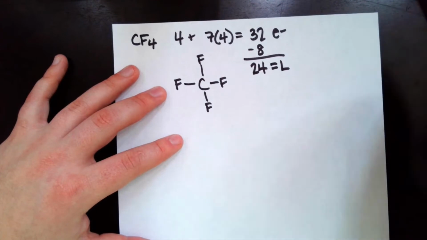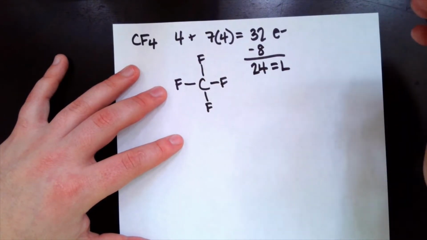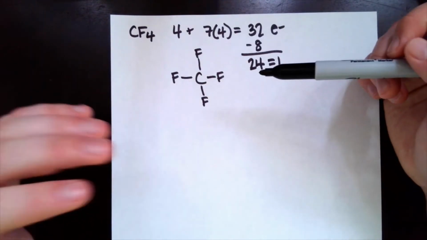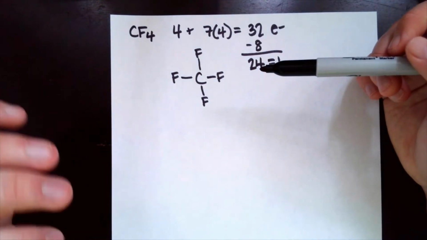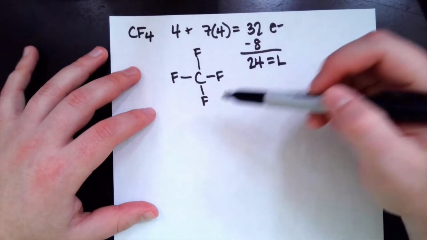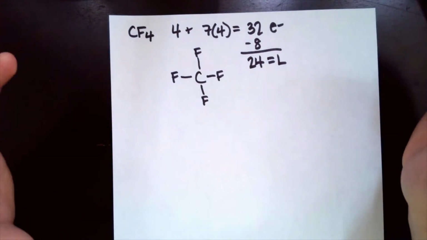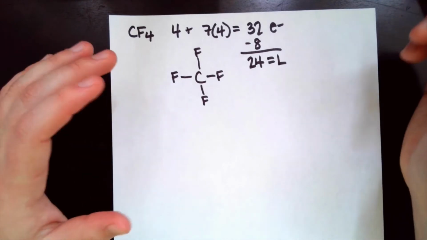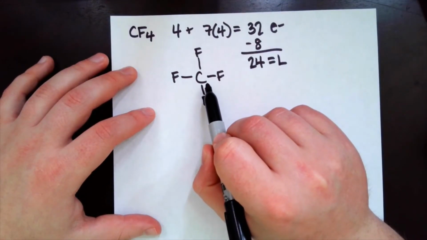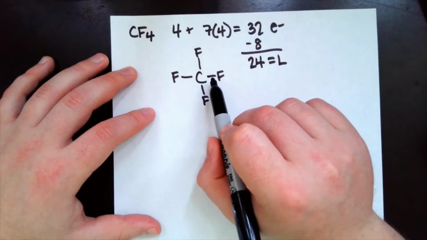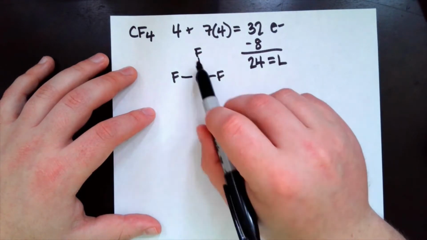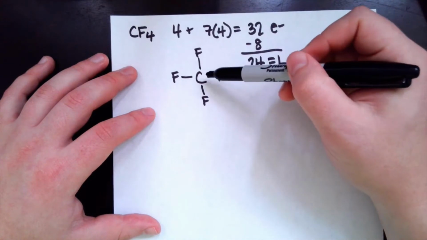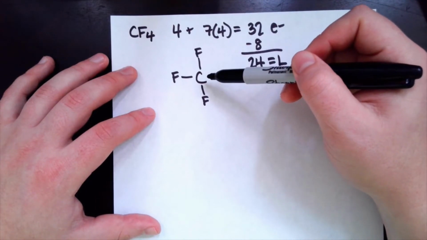Now N. We need to determine the number of electrons needed to fill all of the remaining octets. Remember, an octet just means that in the valence shell, because all of the electrons that we're putting in the structure are valence electrons, your atoms want a full 8 electrons. That makes them very comfortable and very happy. Carbon has 4 bonds on it. And again, each bond has 2 electrons, so carbon already has 8 electrons in its valence shell here. So it already has an octet, it doesn't need any more.